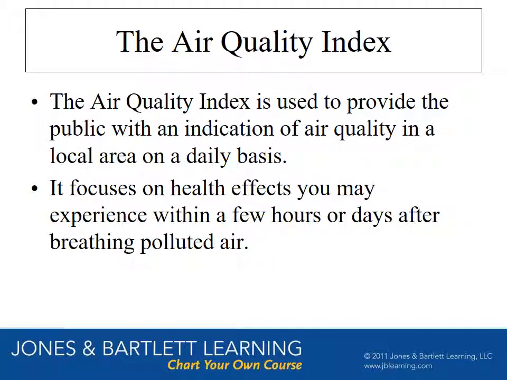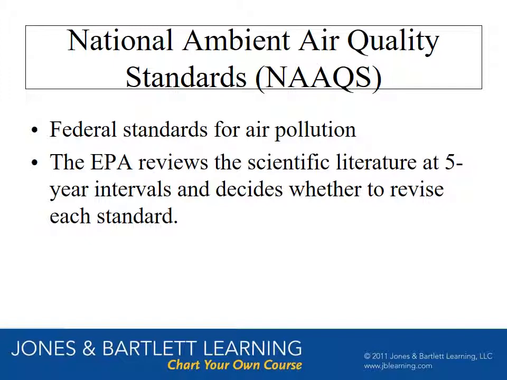This air quality index enables you to understand what your risk is if you were to perform certain activities outdoors, what the risk to school children is if they're outdoors, and it allows people to make decisions about those risks. The National Ambient Air Quality Standards are the set of standards that each state has to comply with, and these are revised periodically and often lowered to improve public health.